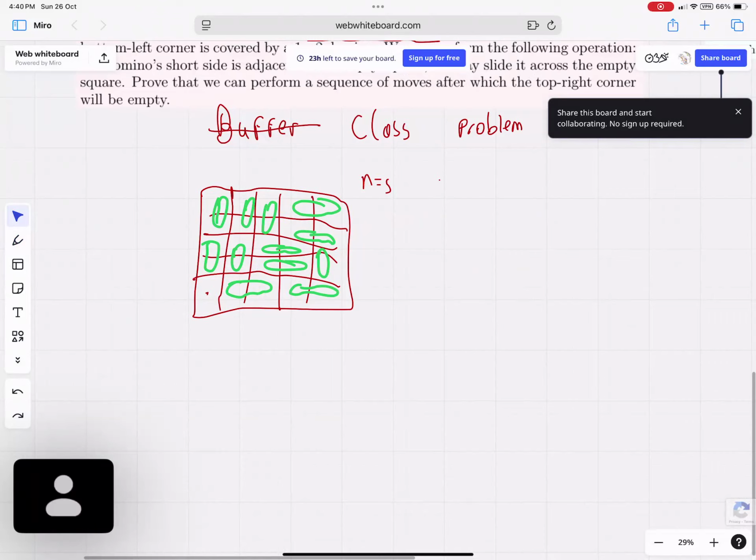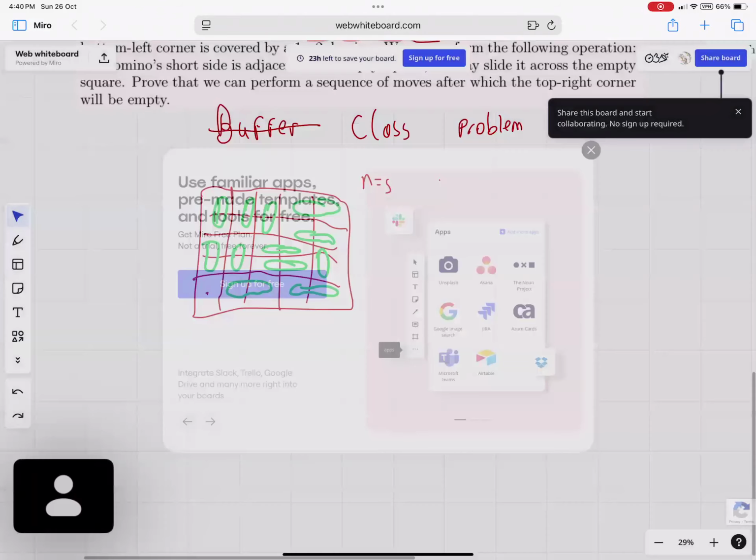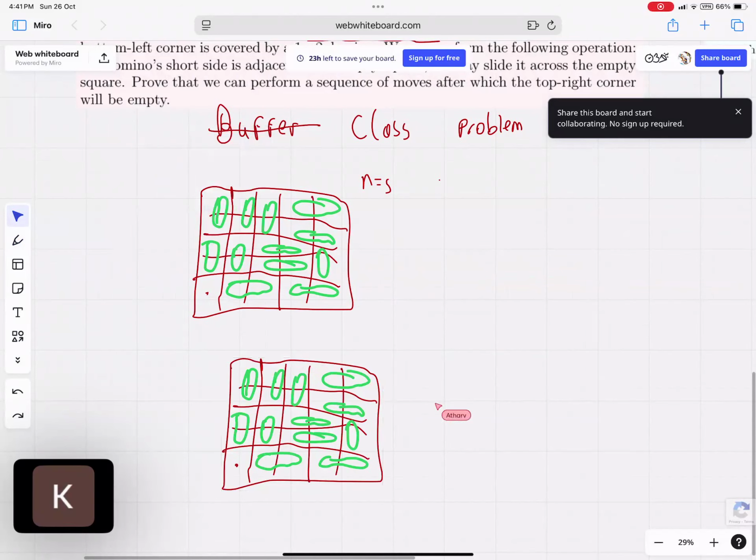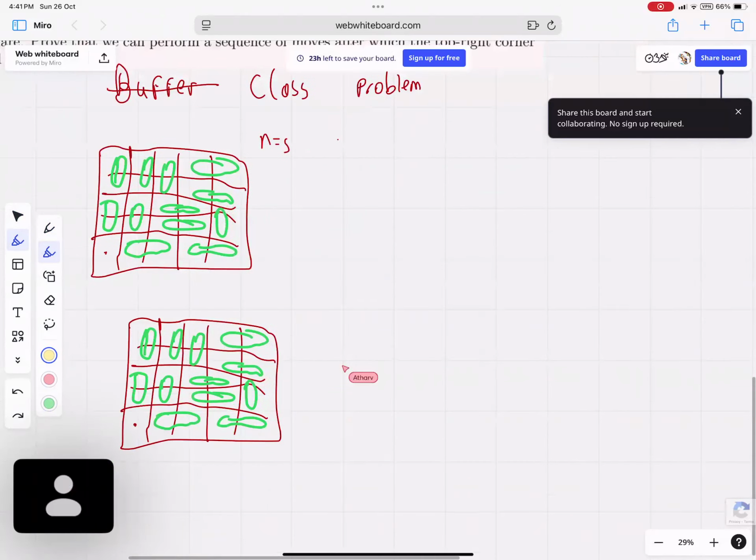And since the bottom left and the top right square would be of different colors if n is even, we have proven that we can't do it for even. For even you cannot even have a domino tiling, because then the number. Right, exactly.